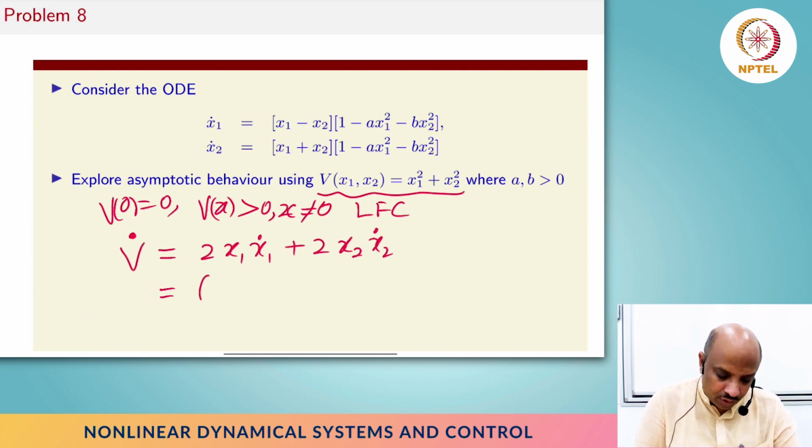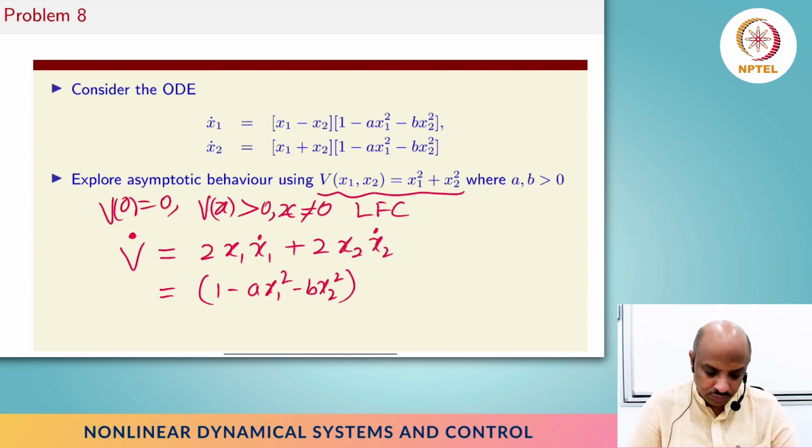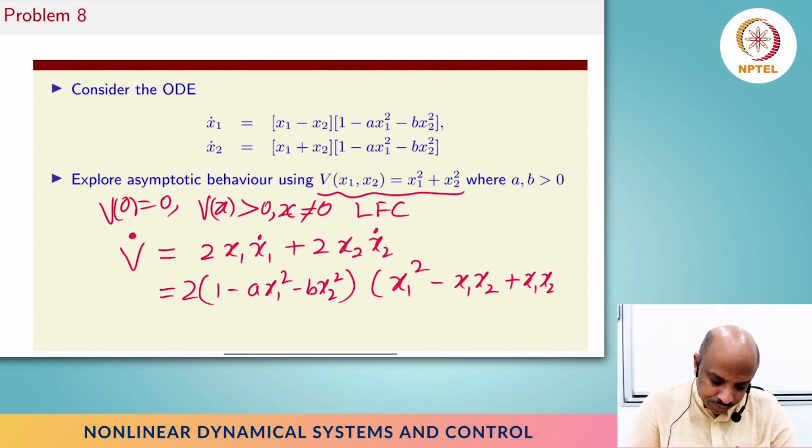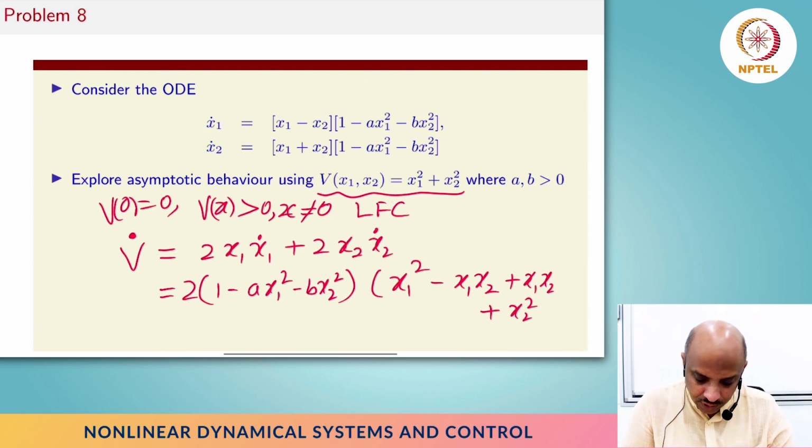So I'm going to take the common thing, 1 minus a x1 square minus b x2 square, times x1 times x1 will give me x1 square minus x1 x2 plus x1 x2 plus x2 square, right?